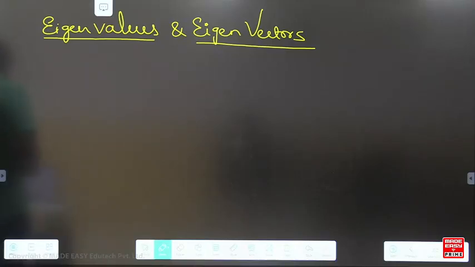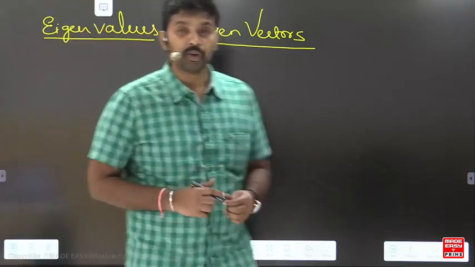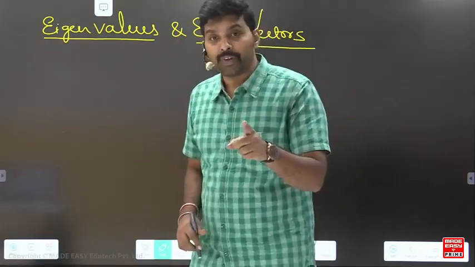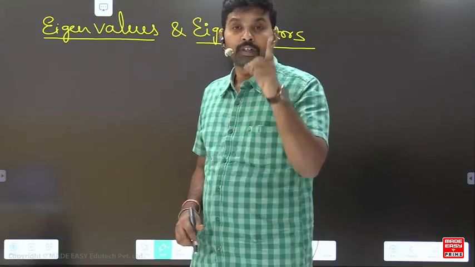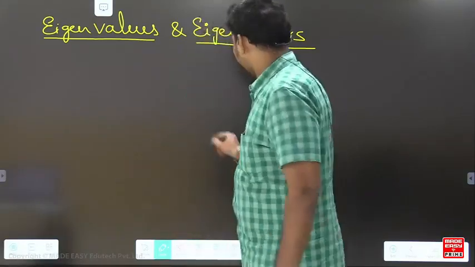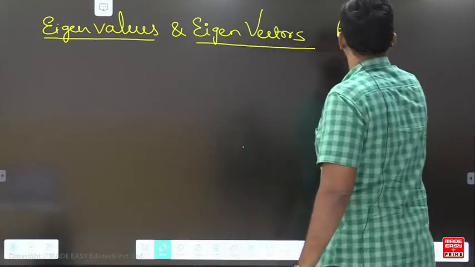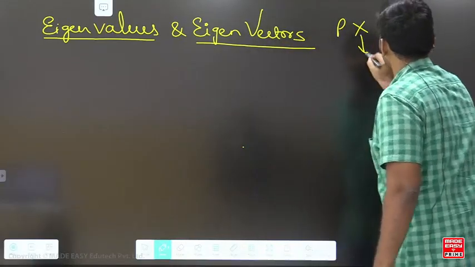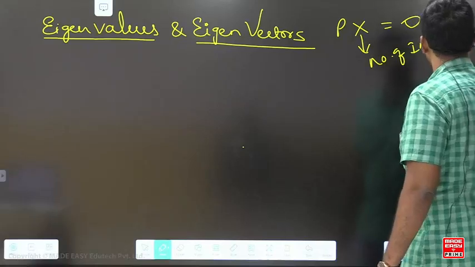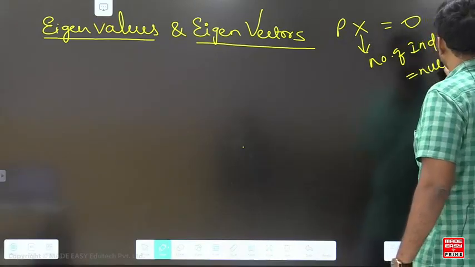Come on, Manavish Jindal. Dimensions definition: number of independent solutions, number of not independent. Listen, Jindal: the number of independent vectors in x we call the nullity, where p into x is equal to 0. The number of independent vectors of x is nothing but the nullity.